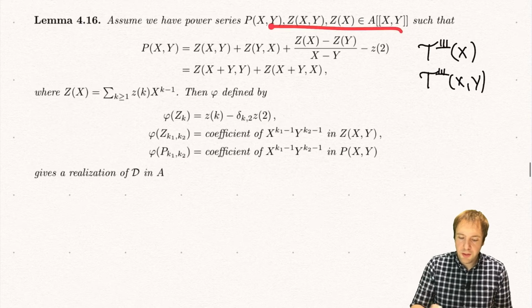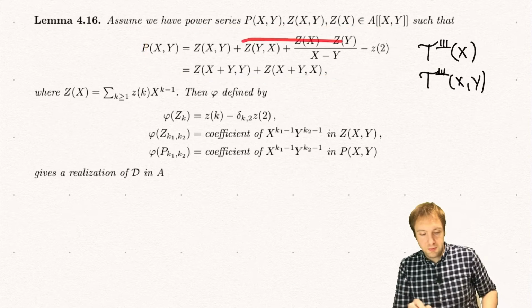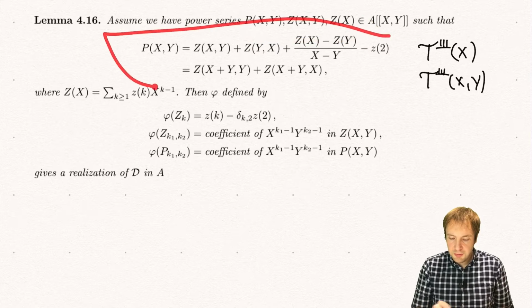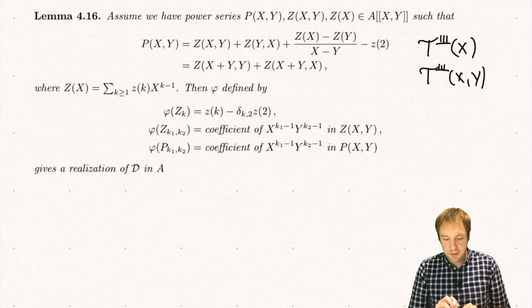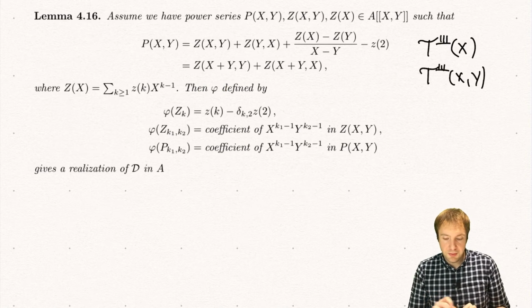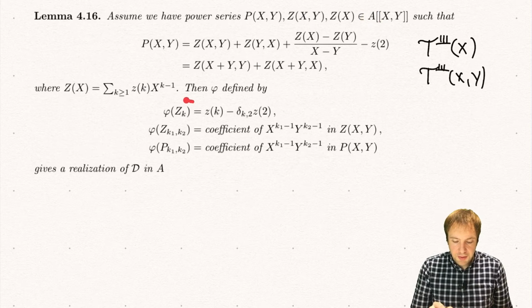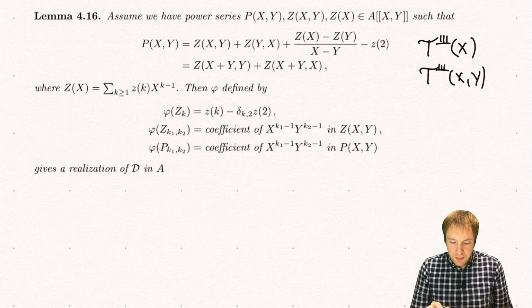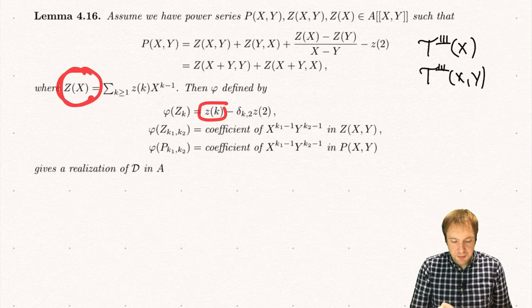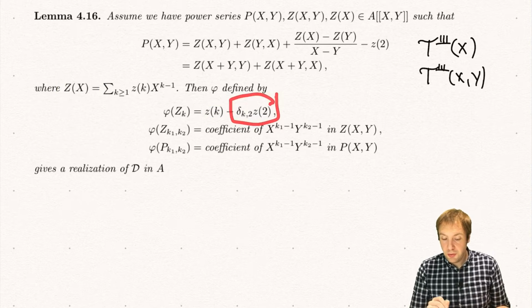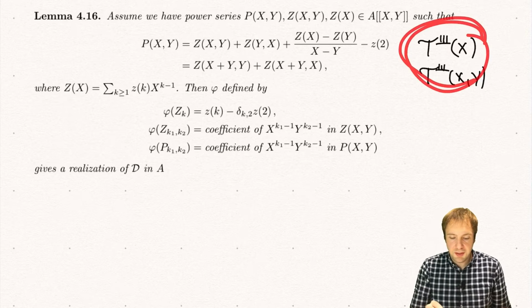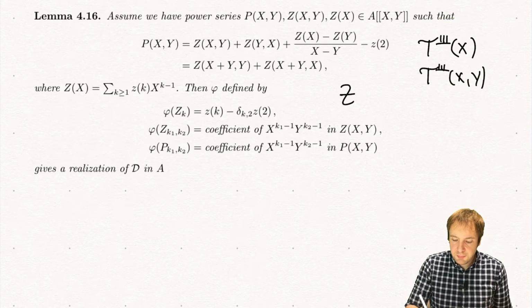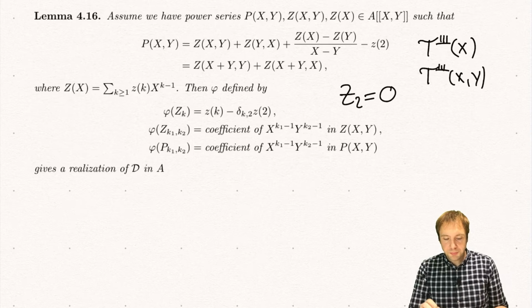Therefore, if we now have these triples of power series with coefficients in A satisfying these functional equations, then we can define a realization of D in the Q algebra A by saying that phi of z_k is just the coefficient of these z's, except that in weight 2 we need to correct, similar to the shuffle regularized multiple zeta case, because in the double zeta space this z_2 is always 0.